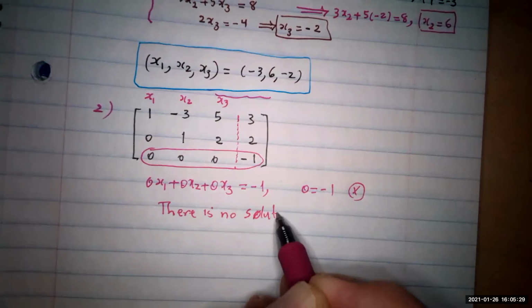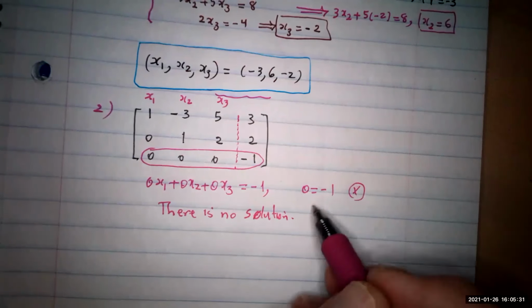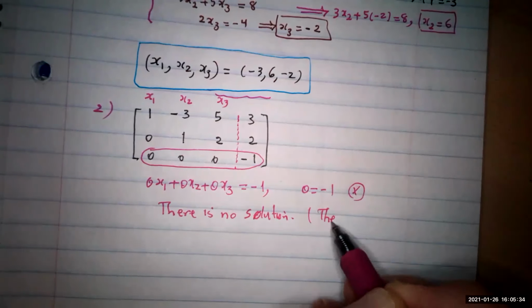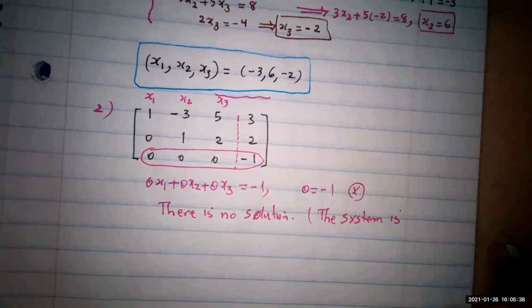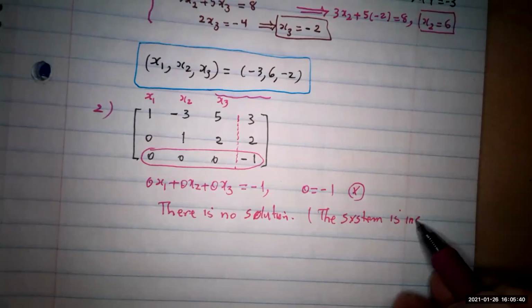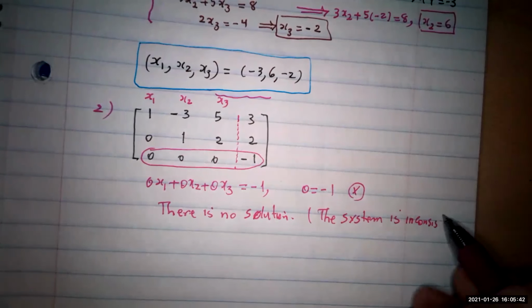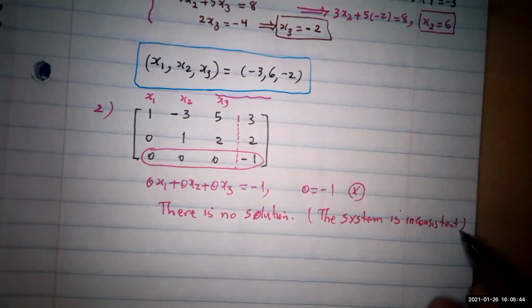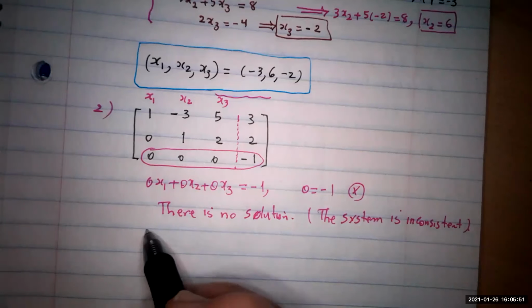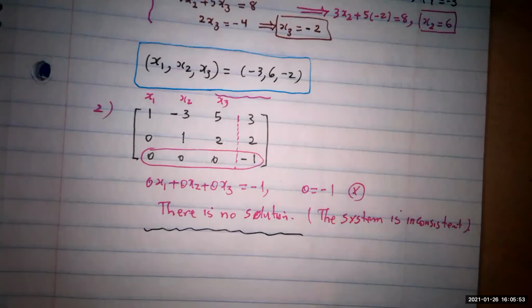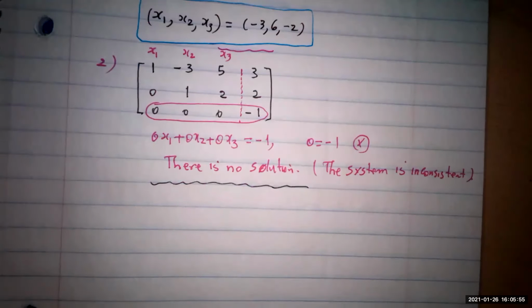There is going to be no solution. Just for your information, the system is going to be inconsistent. Sometimes we get the augmented matrix, and we simplify it, and eventually we arrive at this type of format.